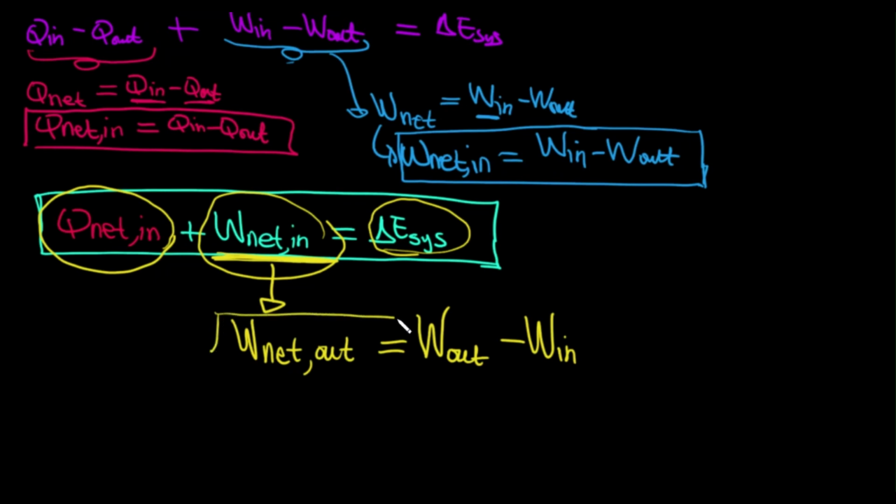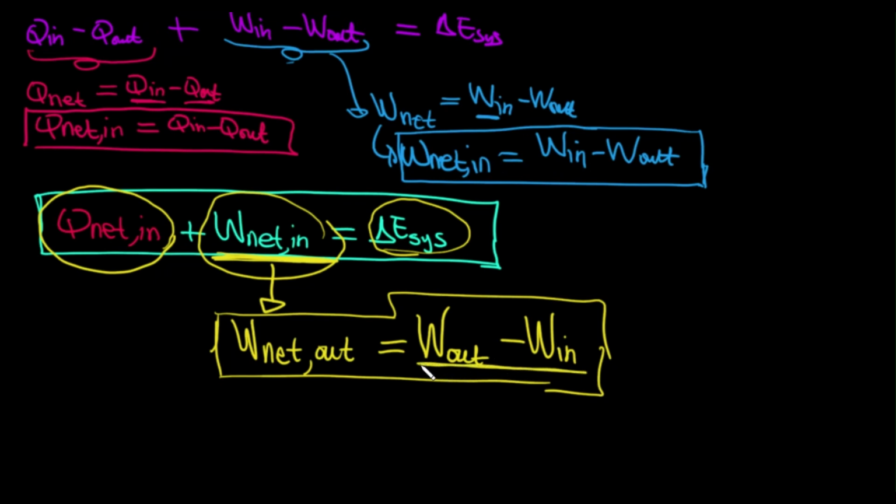And that is the type of system that we want in engineering, because we would say it's an efficient system, because we are supplying less work than we are getting out. Now, if you look at work net out and work net in, you can already see the relationship.